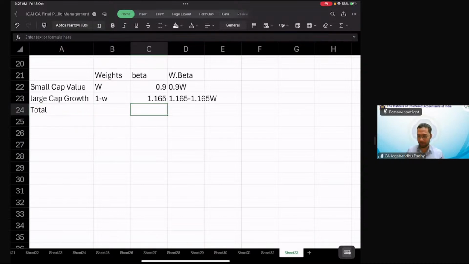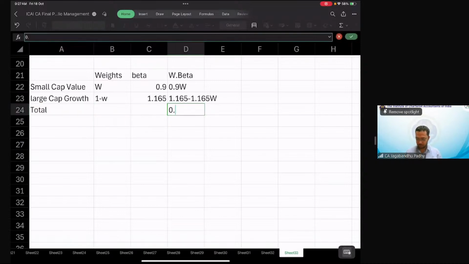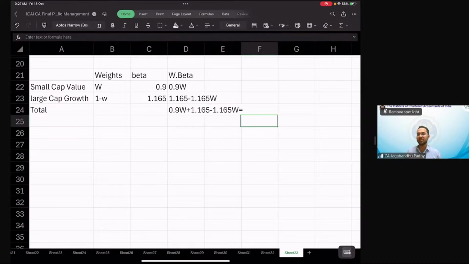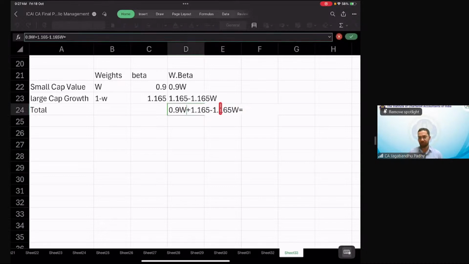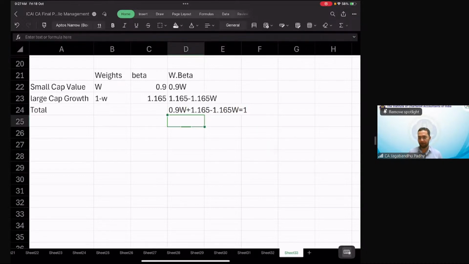So what is the total? The total is 0.9 W plus 1.165 minus 1.165 W. And what should this be equal to? The weighted beta, weights into beta, what should this be equal to? The target value is 1. Right?